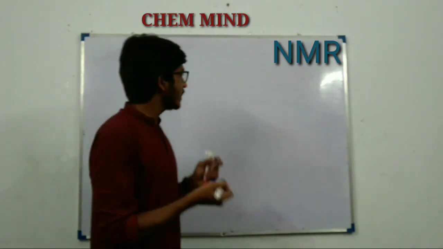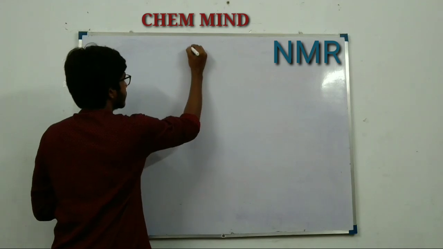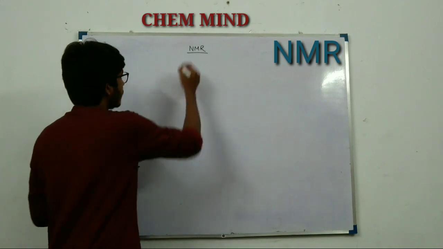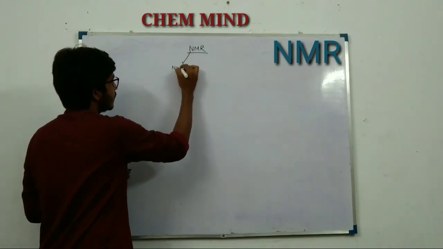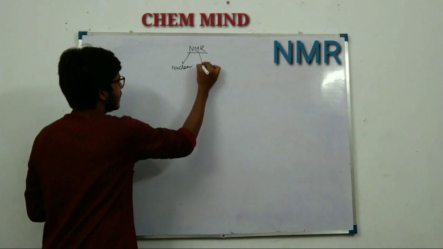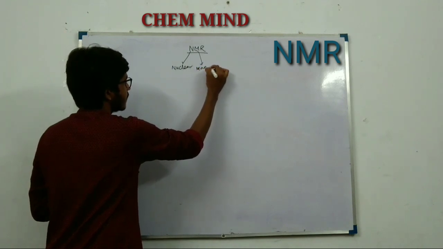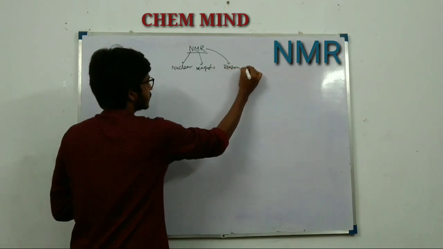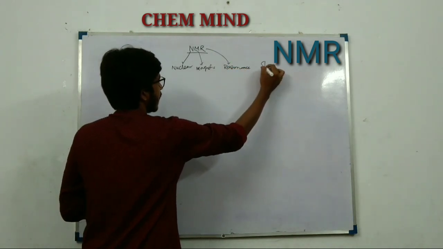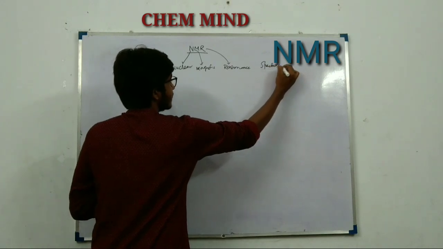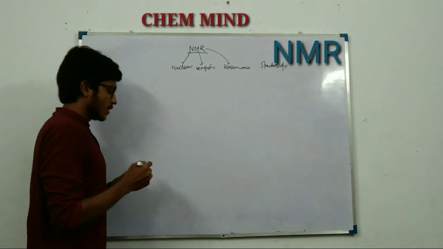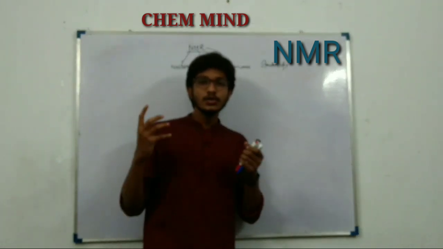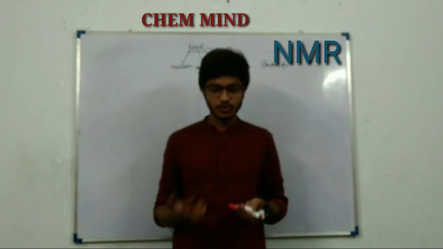NMR stands for nuclear magnetic resonance, where N is nuclear, M stands for magnetic, R stands for resonance, and the other very important word is spectroscopy. So in this portion, we'll have to know what nuclear magnetic resonance spectroscopy is.